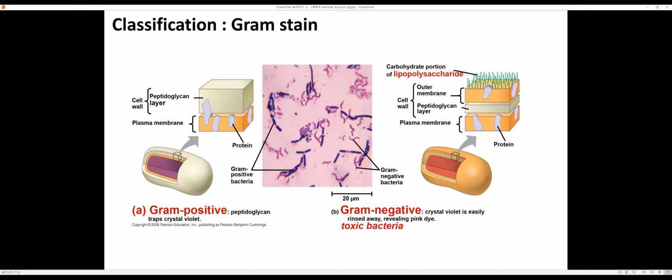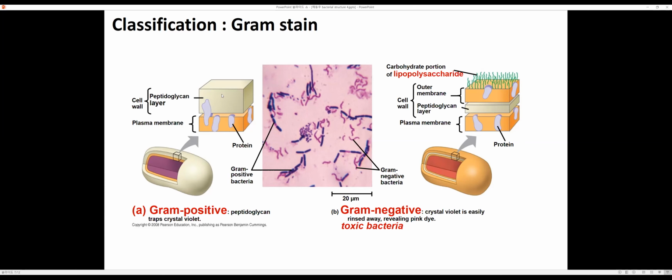Another important class of molecule we discussed was vancomycin. Do you remember what the target of vancomycin was? Peptide. This is also the peptidoglycan, the peptide part of this peptidoglycan layer.